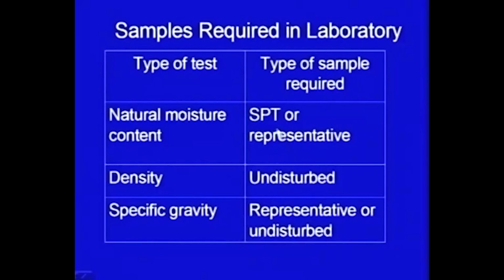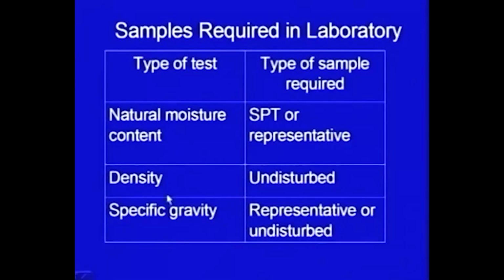Now, here are some of the samples. I am listing the type of test and the type of sample required for that particular test. For computing natural moisture content, you can use a sample from the standard penetration test. We will define later what SPT is. So, an SPT sample or a representative sample could be used.